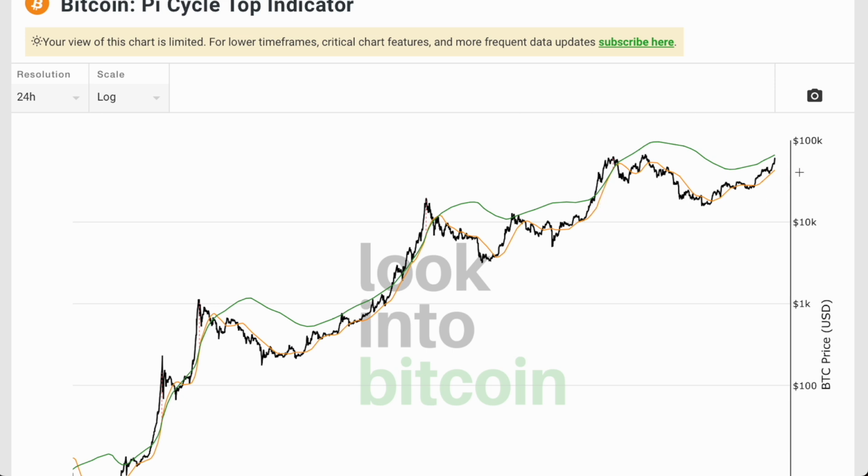But nonetheless, even if we do get a deeper pre-halving retrace, the orange 111-day moving average is always going to be, first of all, ascending, but second of all, and perhaps most importantly, a dynamic support that is going to facilitate the uptrend. So if we do get to this orange moving average, that's going to be a fantastic buy-side opportunity for dollar cost averaging.